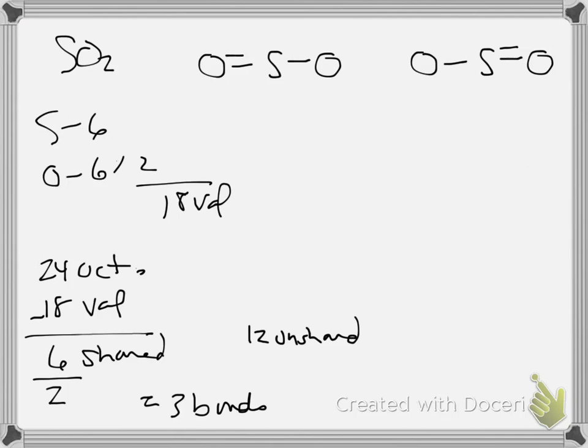If we look at our octets, again, oxygen that's double bonded can only accept 4 more electrons. Oxygen that's single bonded can have 6 more. So that gets us 10. We need 2 more. Is the sulfur here satisfied from an octet perspective?